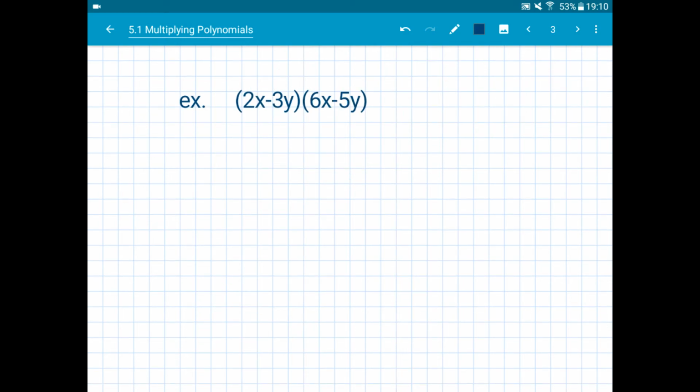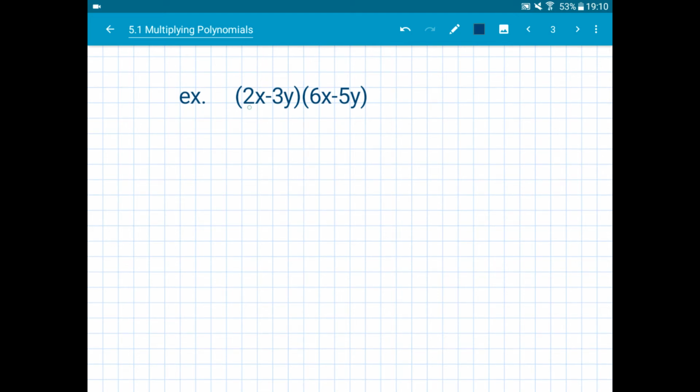Okay, let's take a look at one that's a little bit more complicated. It's not really that much more complicated because this is saying we have 2x of these and minus 3y of these as well. So all we're going to do is realize that if we have 2x of the whole bracket, we have 2x of each of the individual parts inside the bracket. So 2x times 6x and 2x times minus 5y.